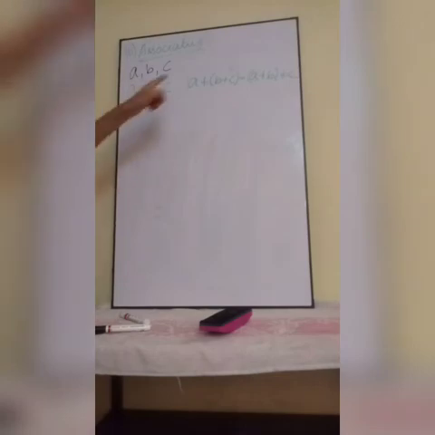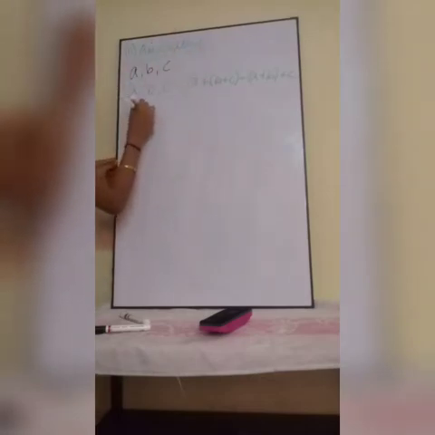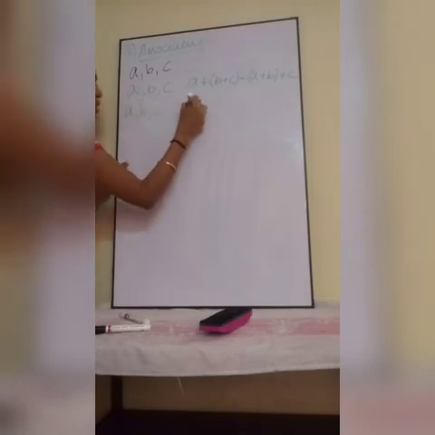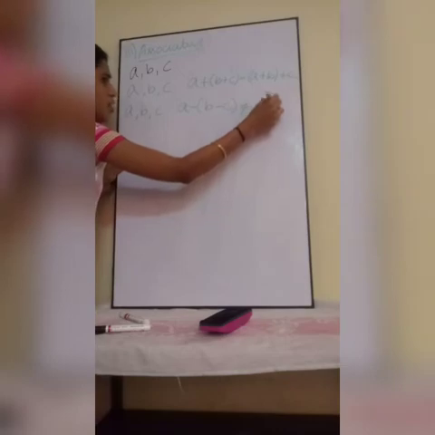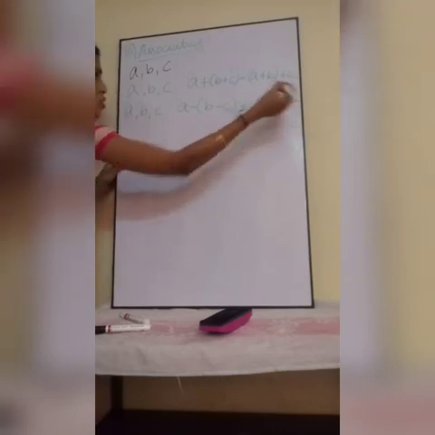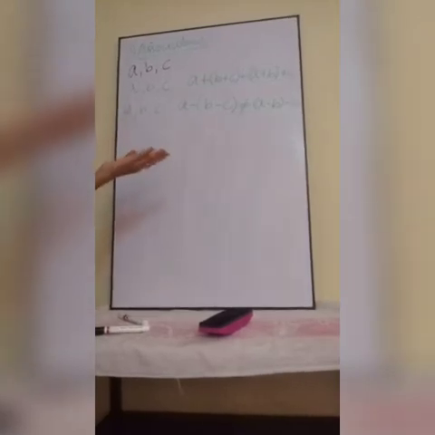Under addition it is satisfied. But for subtraction it is not satisfied, because commutative is not satisfied. Since commutative under subtraction is not satisfied, associative under subtraction is also not satisfied.